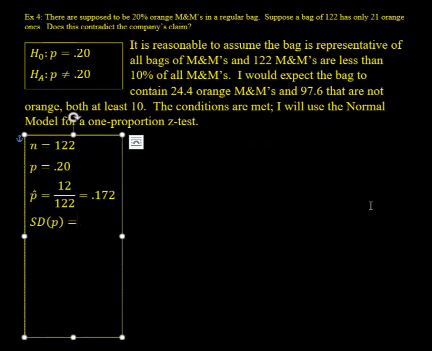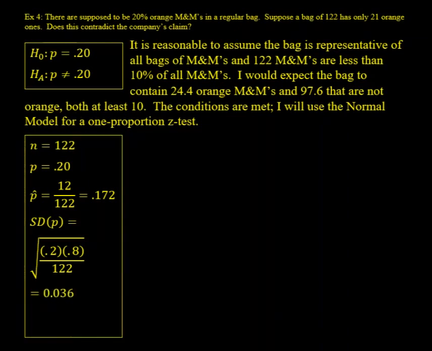So the standard deviation of the population proportion will equal the square root of 0.2 times 0.80 over 122, which comes out to be 0.036.